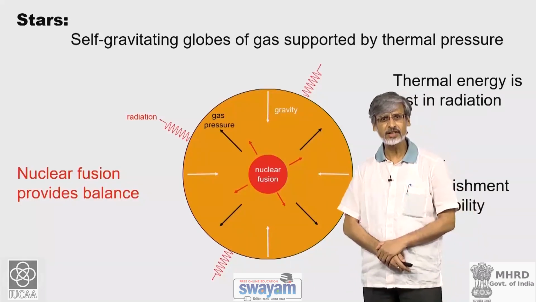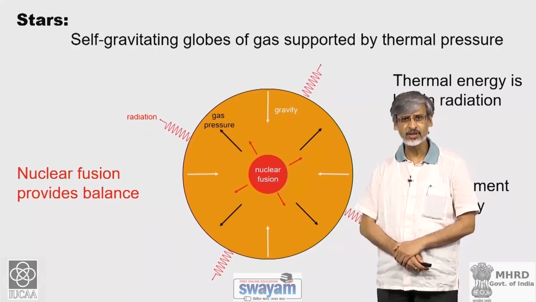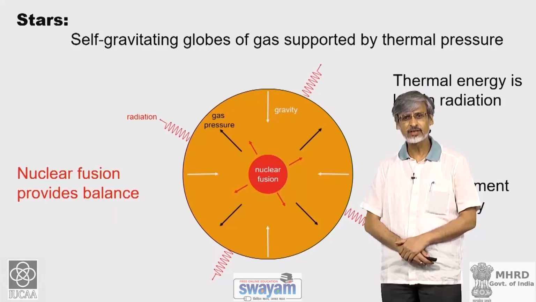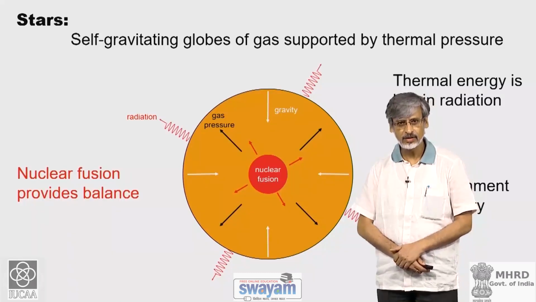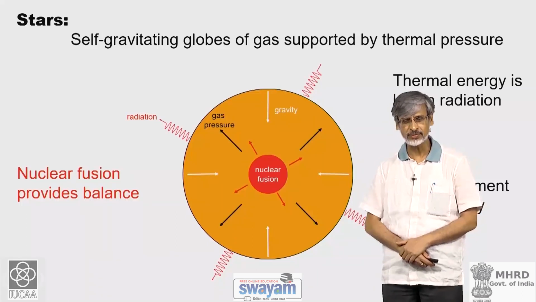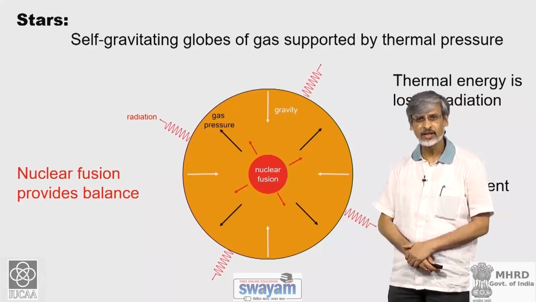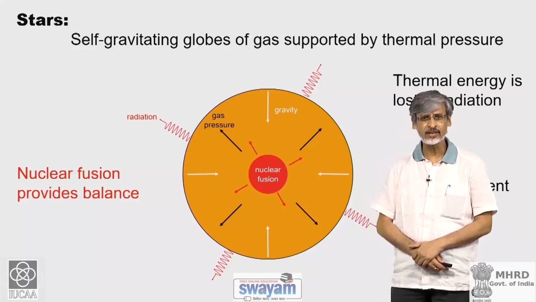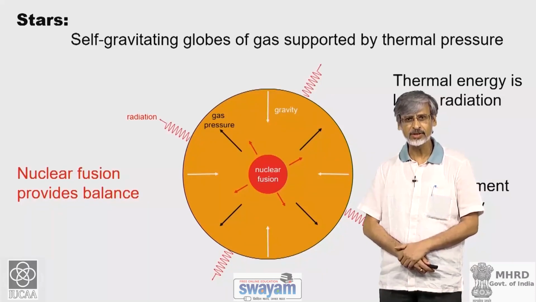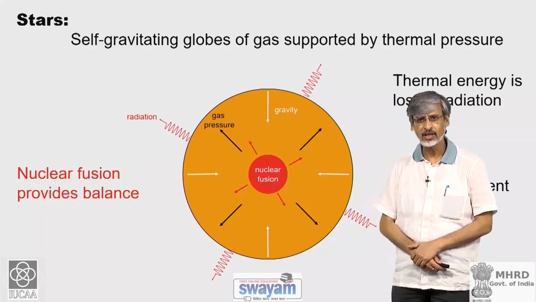The heat generated by the nuclear fusion heats up the material in the star, and some of that heat is lost from the surface, and when the rate of heat generation at the center and the rate of radiation loss at the surface become equal, you have a stable configuration.